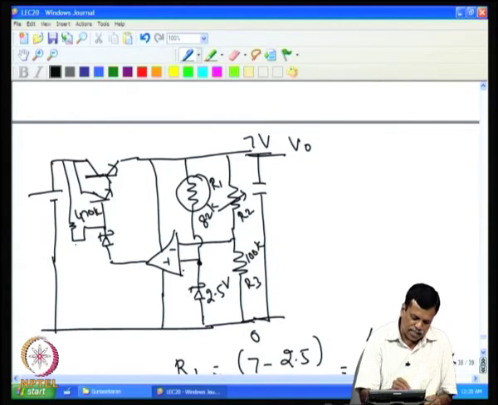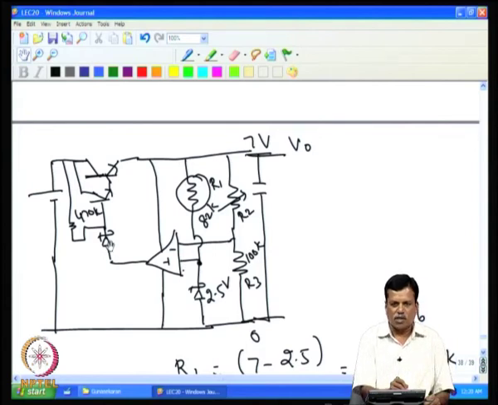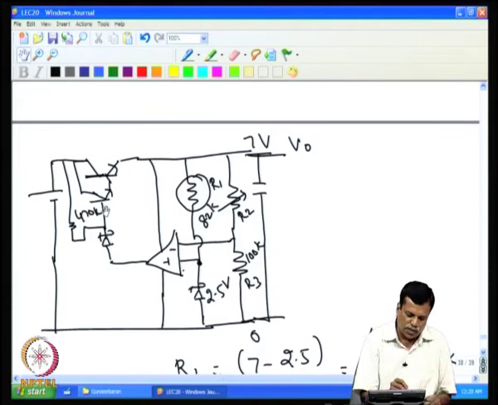Whatever current comes here has to go through this, and a small voltage of a few volts appears there, it need not be the Zener breakdown voltage. When more than 1.2 volt is present here, the voltage comes out here, and that makes this voltage go higher, and that also increases this. Like that, slowly the voltage builds up and stabilizes at 7 volt. So, the Zener is not operating in breakdown, it is only to provide an initial voltage such that the circuit starts.